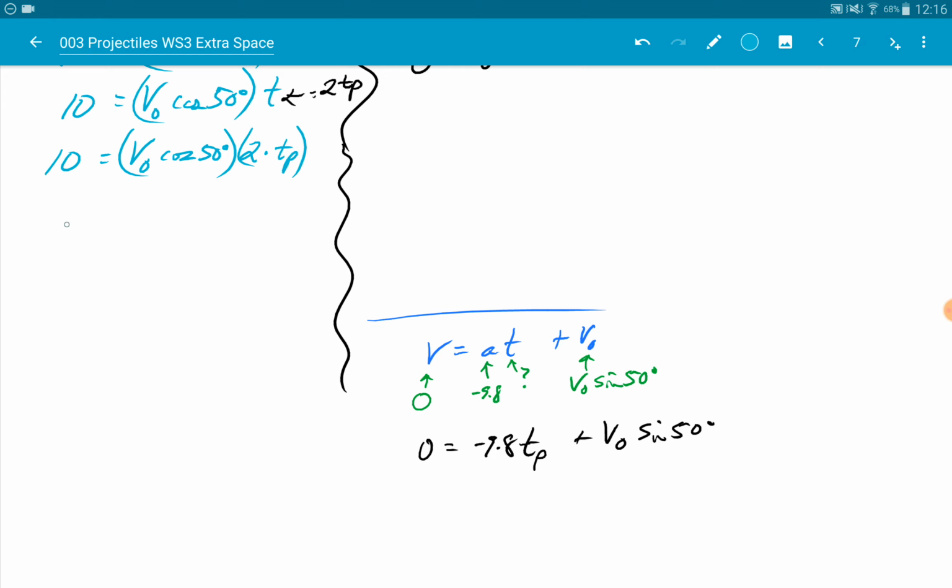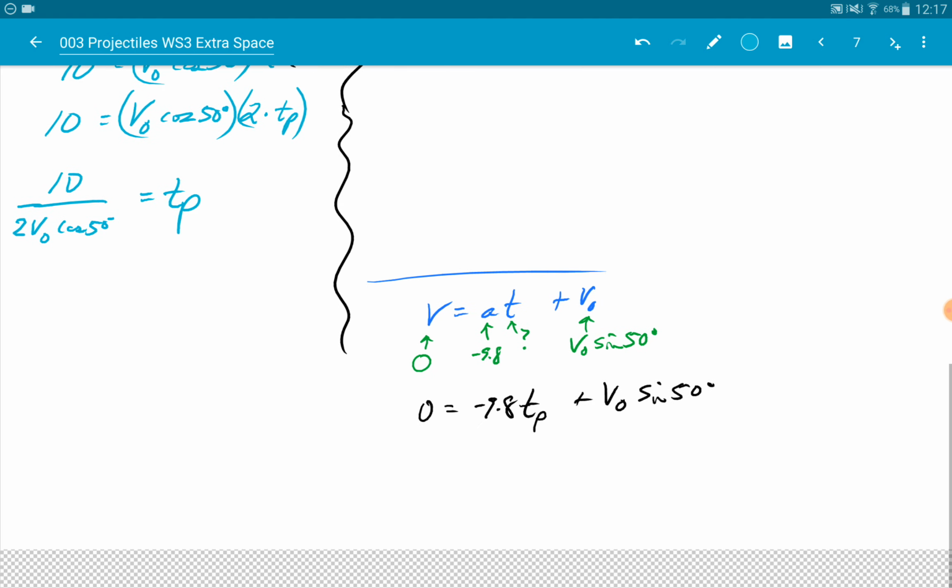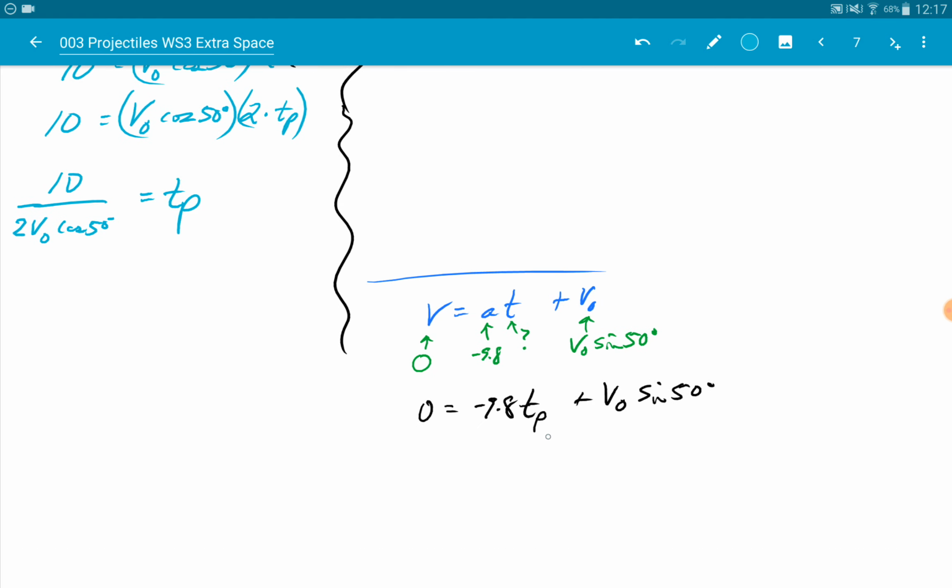So I'm going to move everything over to the other side. So I have 10 over v naught cosine of 50 degrees, and then I divide by the 2 there as well, and now that's equal to the time to the peak. And I could put that straight in there and then clean all of that up. Now that'll actually get messy. I'm looking at this and going, hey, I could plug that in there.